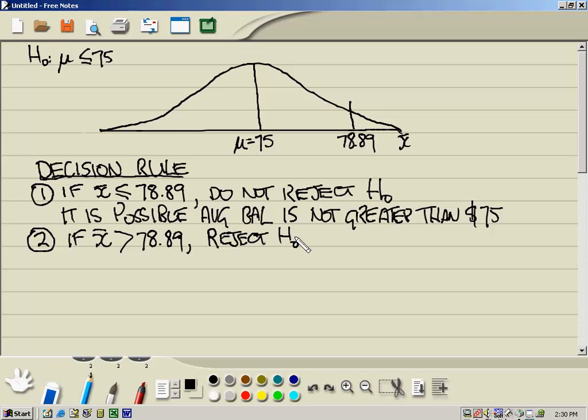Otherwise the sample value is too high, and in its place we'll accept the alternate. And for the interpretation, it is likely the average balance on these credit cards is greater than $75.